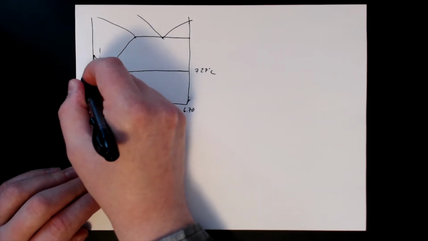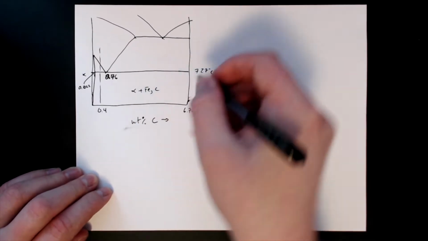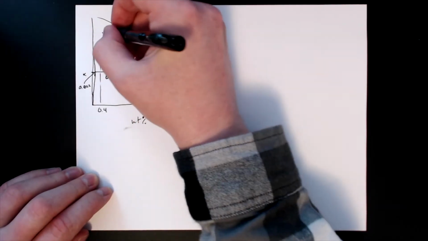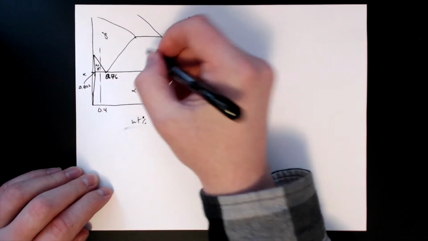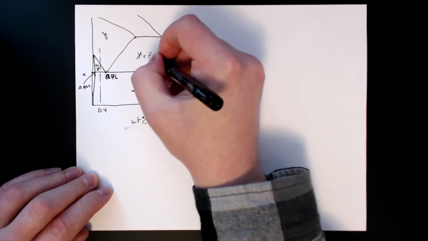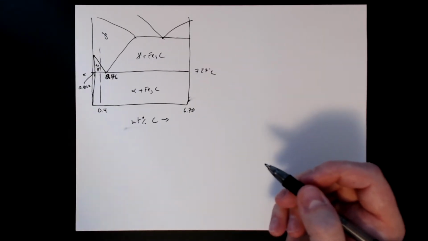So this is alpha phase over here. This is alpha plus Fe3C. This is gamma. This is alpha plus gamma. And this is gamma plus Fe3C, just to complete the phase fields that we have.